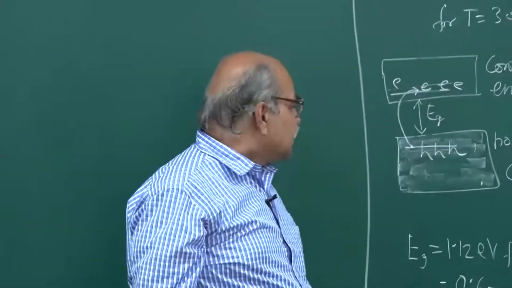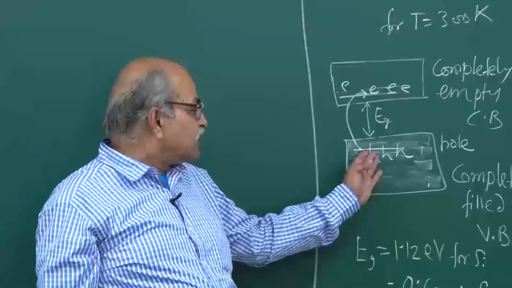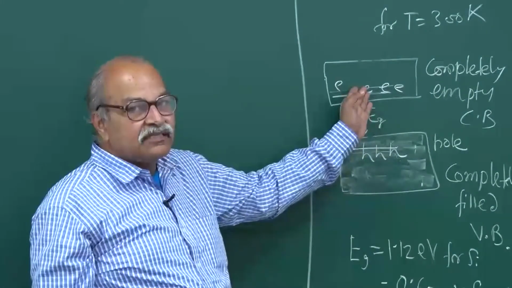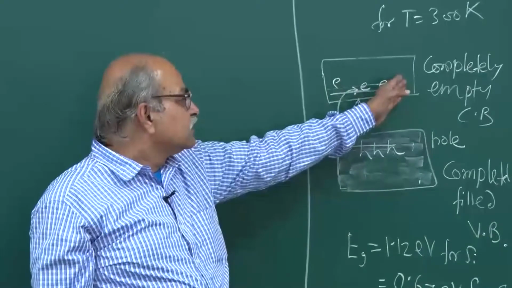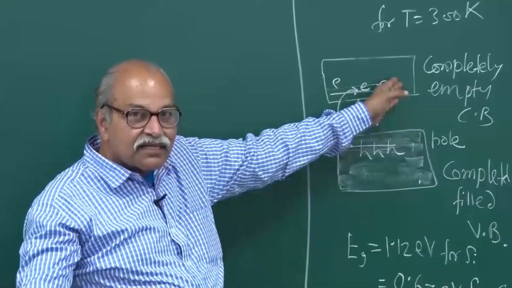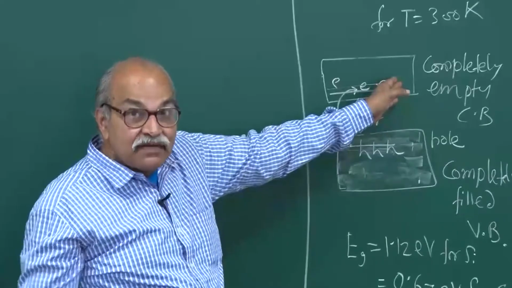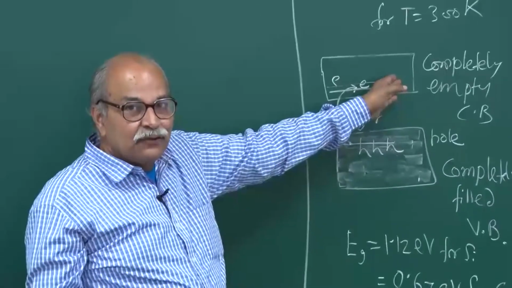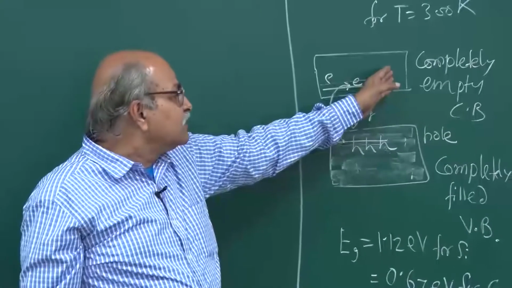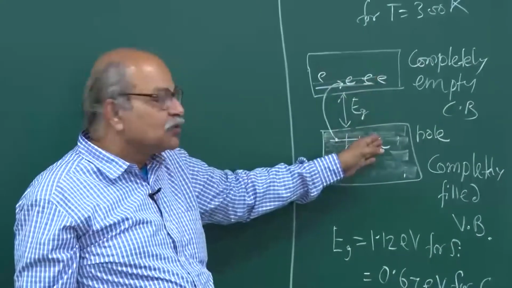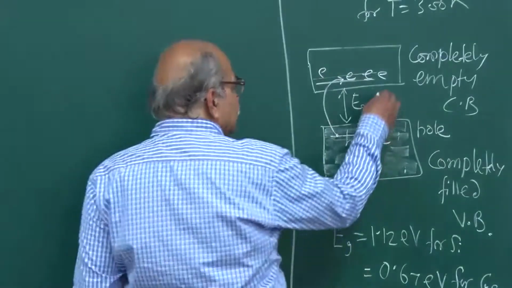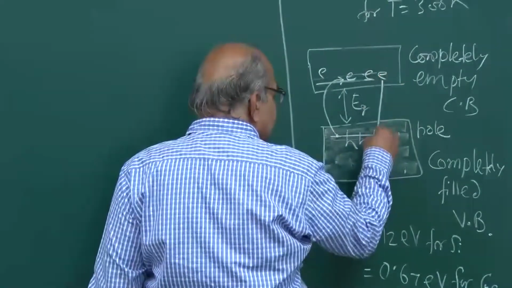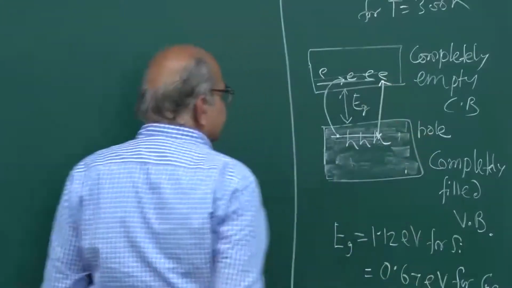Not only can electrons come from the valence band and go to the conduction band, the reverse is also possible. The electrons which are already here, through thermal interactions, can give energy, reduce their own energy, and then fall into an empty quantum state, and in that case you will have electron hole recombination.